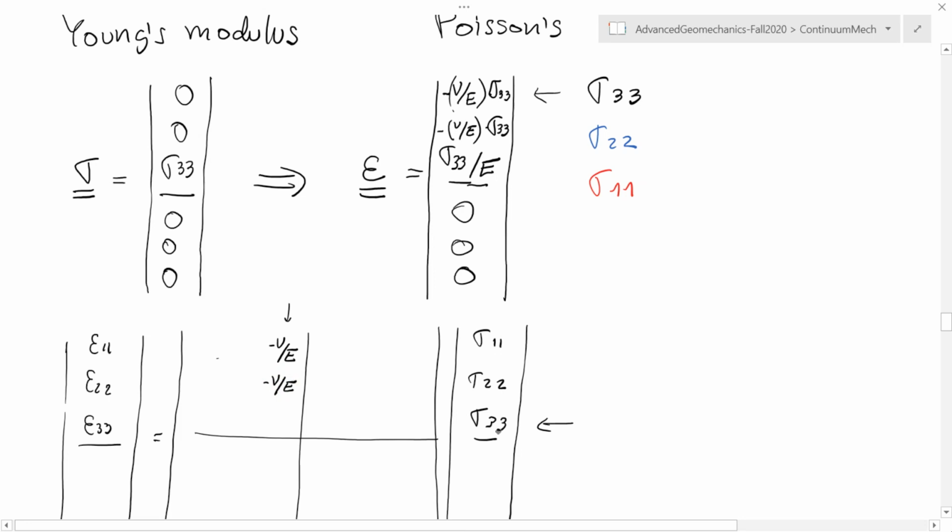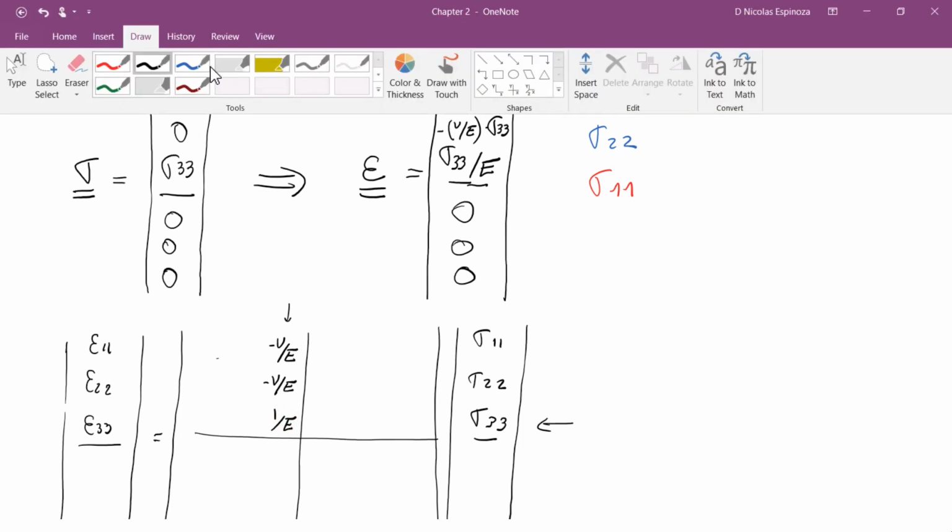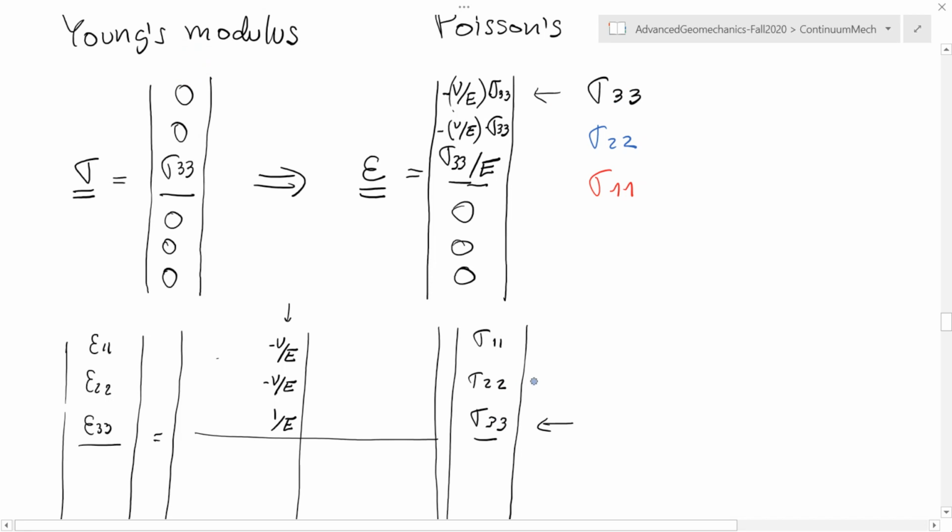And for the third one, when I have the strain and the stress direction coinciding, I have positive 1 over E. If I do that now for sigma 2, it is very similar.